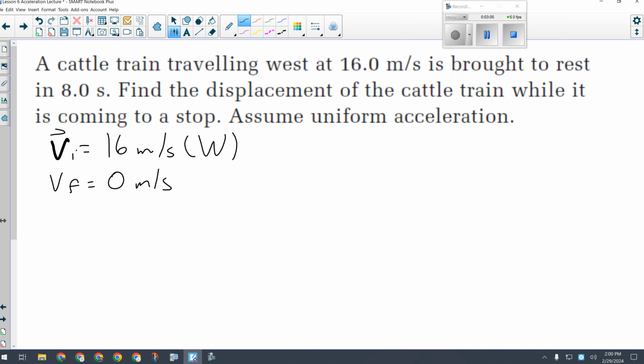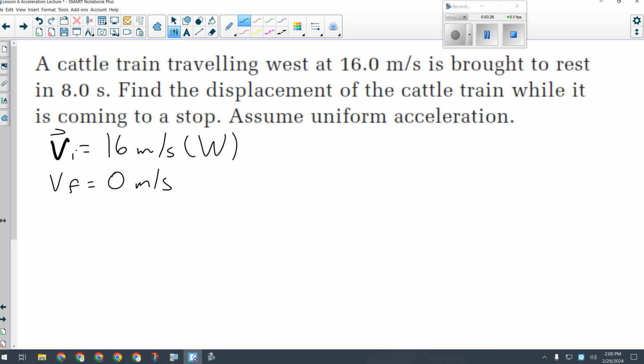Slowing down. So if they were moving west, what direction is their acceleration? East. These are the little tiny details that are so important to get from a question. You get that by doing more of them and gaining experience with reading them.